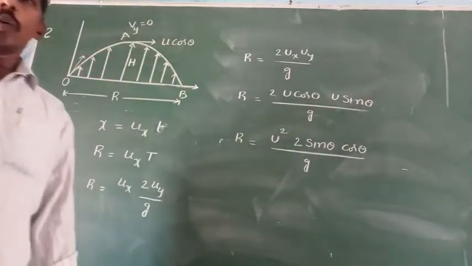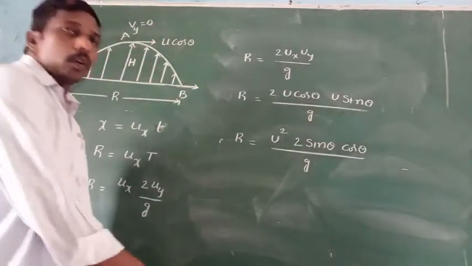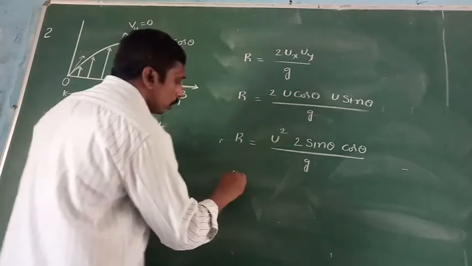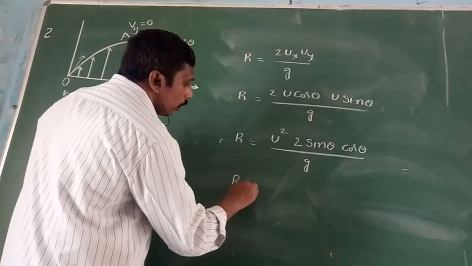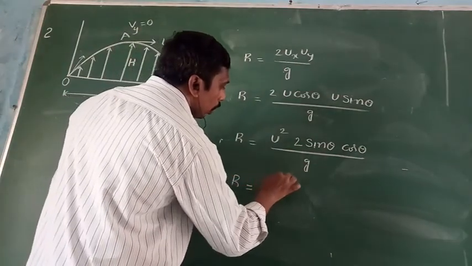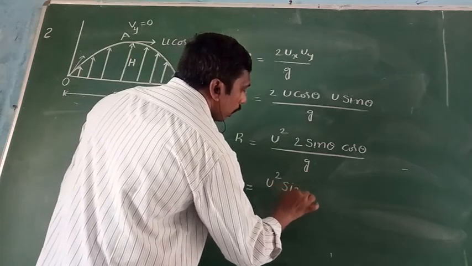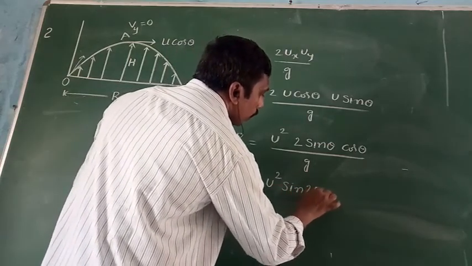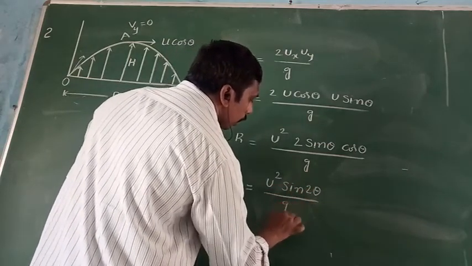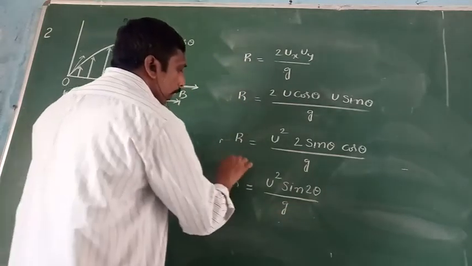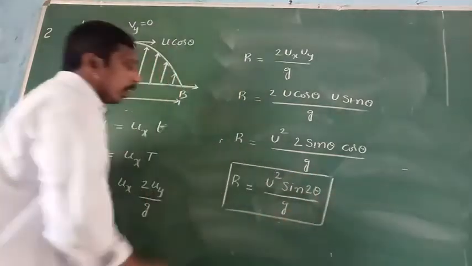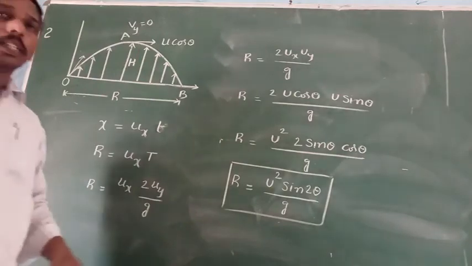We know 2 sin theta cos theta is equal to sin 2 theta. Then we can write range R is equal to u square sin 2 theta by g.